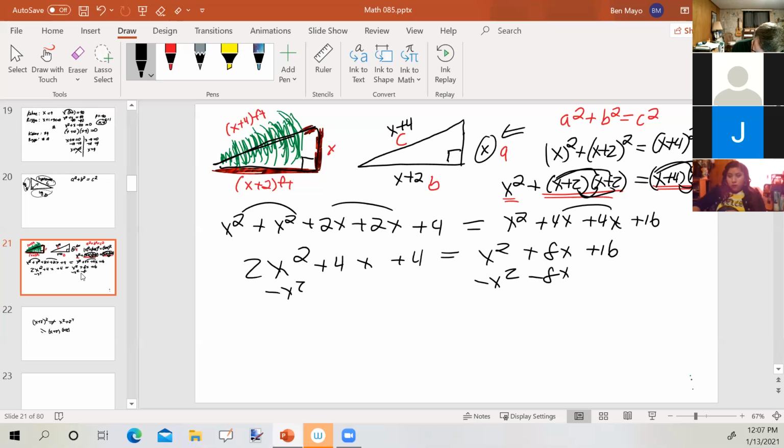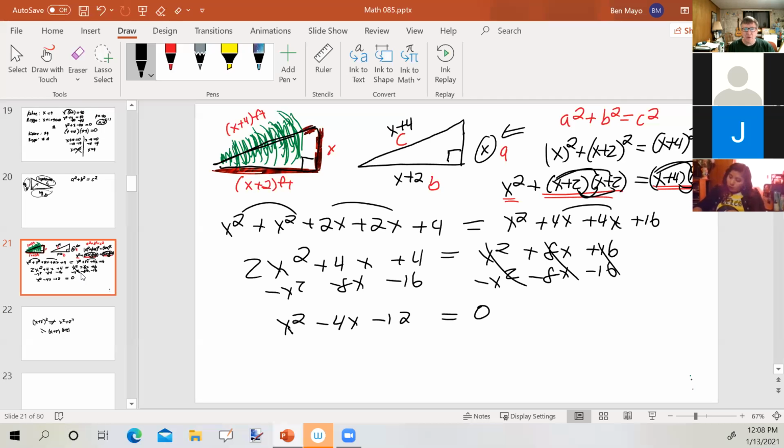I'm going to subtract 8x from both sides, and I'm going to subtract 16 from both sides. That gives me x squared minus 4x minus 12 equals 0, because these would all cancel out. So now I have a second degree equation in standard form.